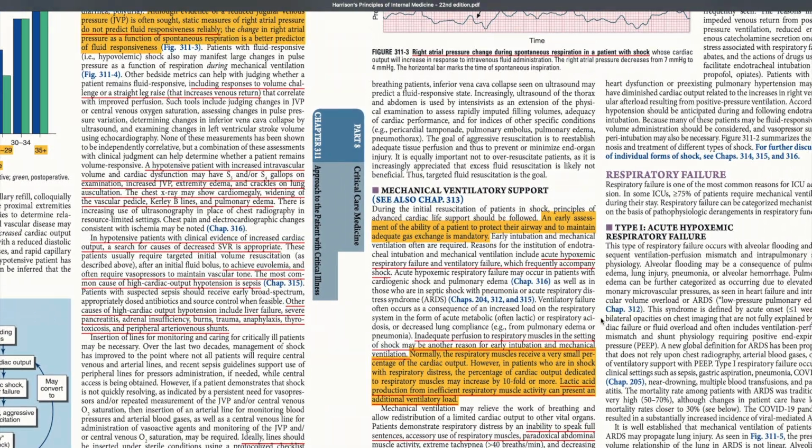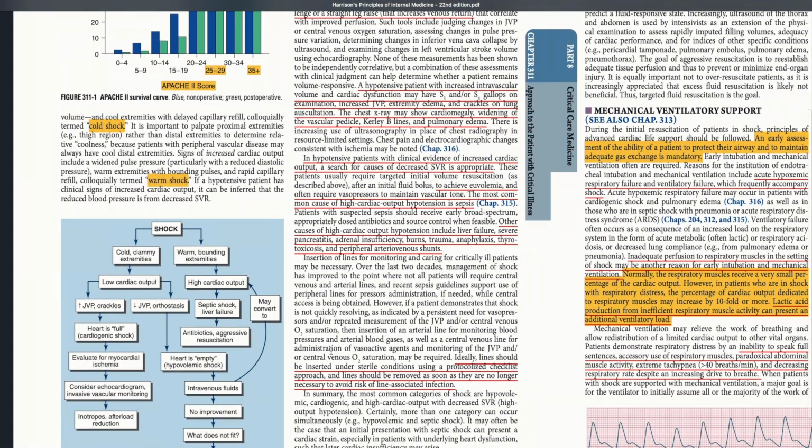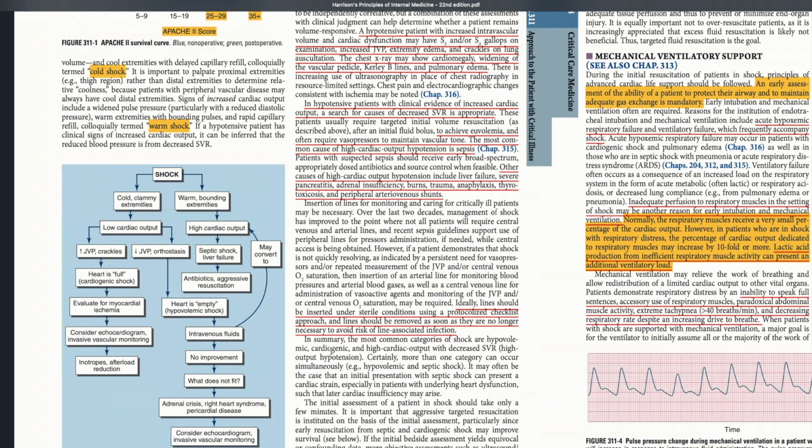This flowchart brilliantly explains the clinical features like cold extremities versus warm extremities, and can help us classify shock at the bedside. Basically the initial management of shock is airway and oxygenation, IV access and fluid resuscitation.